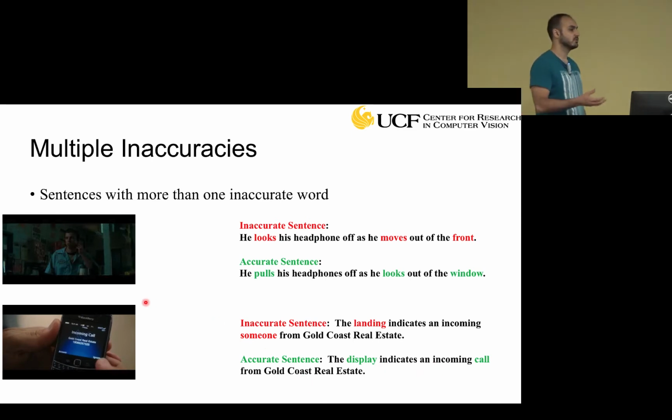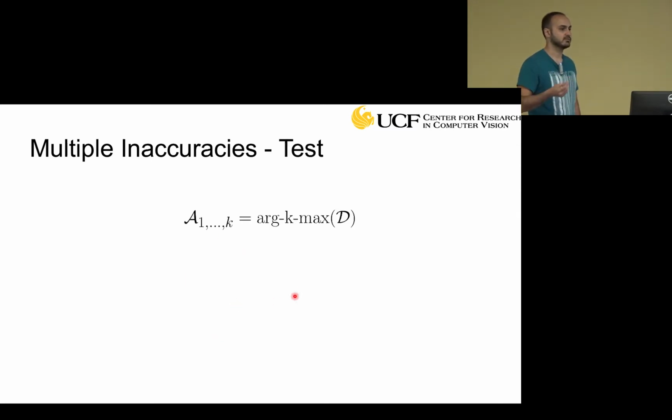So we show that with a small change at test time, we can solve the multiple inaccuracies scenarios as well. The training remains the same, we just change the test part. Given the detection scores, we find the top K inaccuracy scores in the sentence.